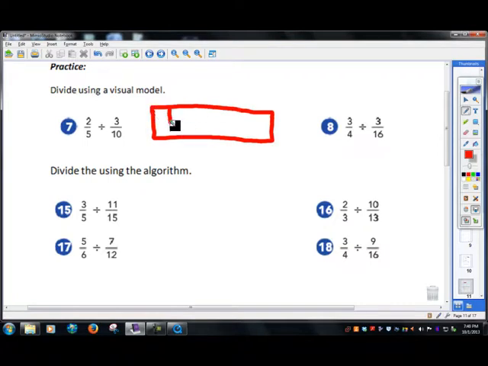Okay, I cut into fifths. 1, 2, 3, 4, and 5. I can shorten that up a little bit. Okay, there's my fifths. Now I'm going to take it and I'm going to cut it into tenths. So each little fifth is getting cut in half, which is now creating tenths.